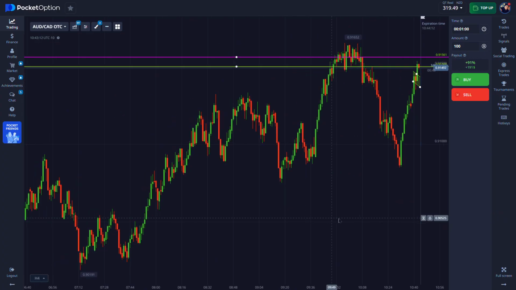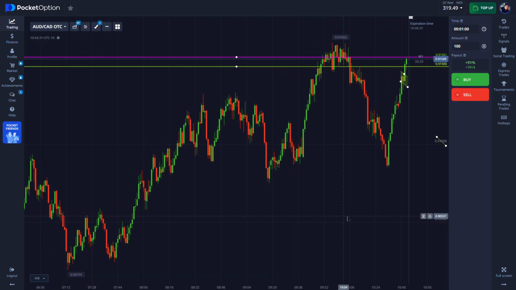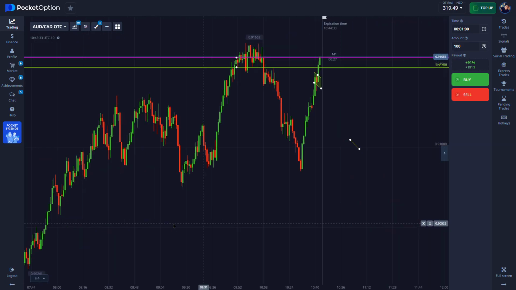Good supply area. Could go to a higher time frame to see what the market's really doing.